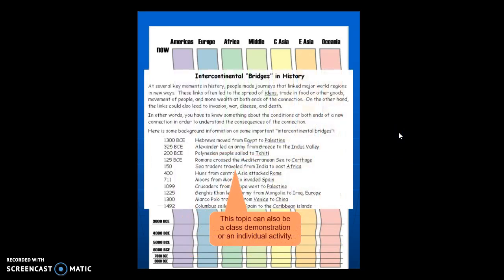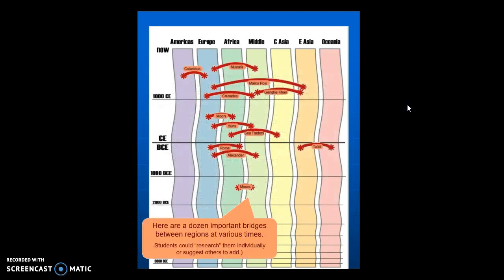Here's Alexander. Other bridges in history, if I'm using this as an example, these are probably some of the major movements of people and game changers. The one students are probably familiar with before class is Columbus. Controversial, certainly a game changer. A lot of these haven't been introduced yet, but they certainly will be. And you can use this for any purpose.